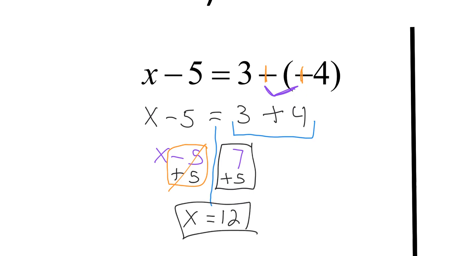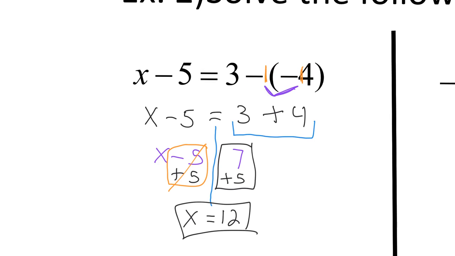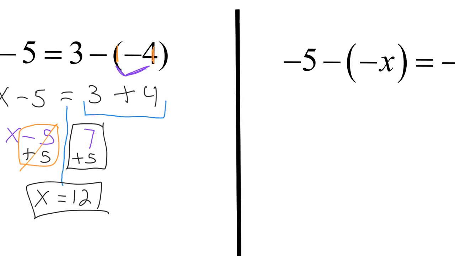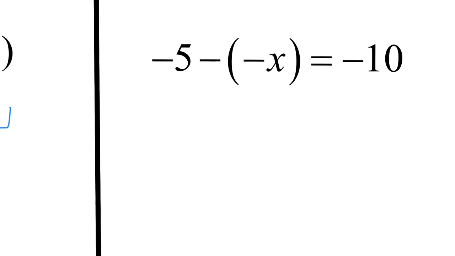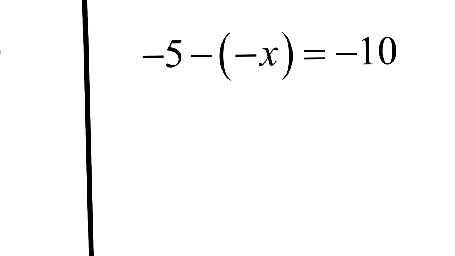So let's look at another example here. I want to show you when you guys have a variable inside of the parentheses and it is a negative times a negative. So first of all, let's understand why we have a double negative or negative times a negative. If you guys look at these two signs right here, negative, and there's a parenthesis in the middle, that is a double negative.